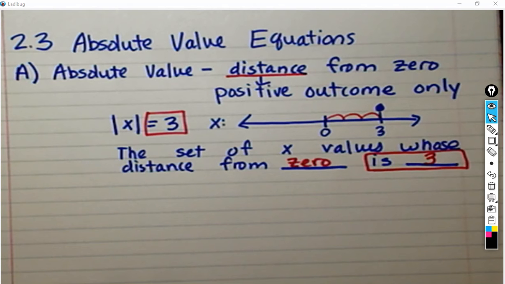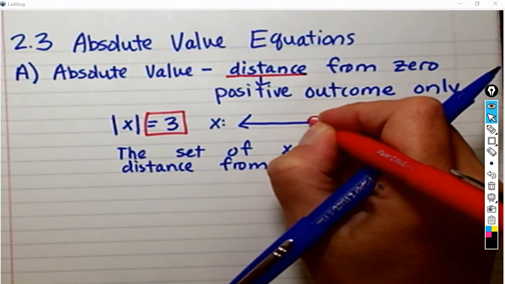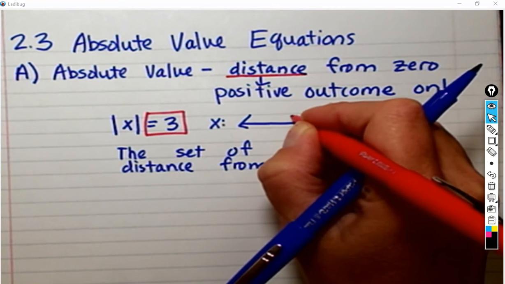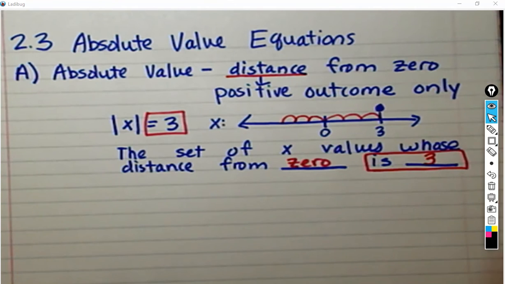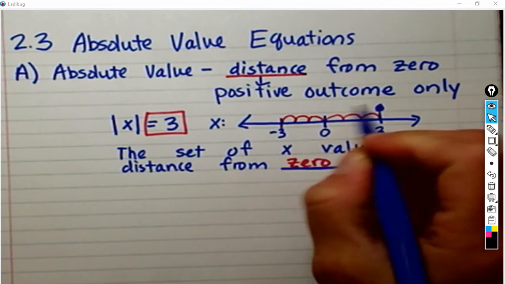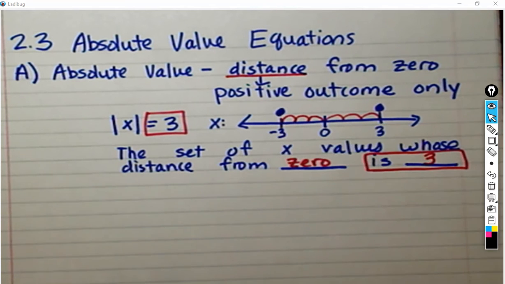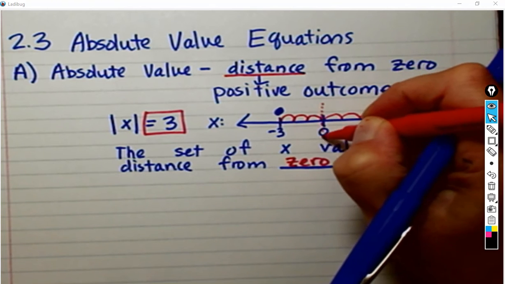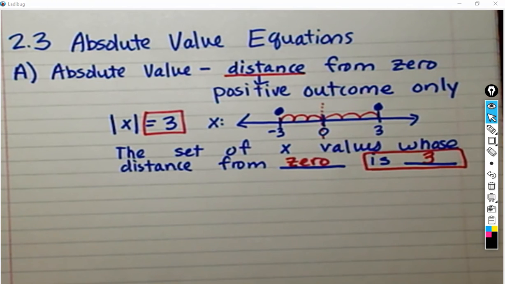Can anyone else tell me where to put any other dots? Wow, I see all these hands. Eve. -3, yes. 1, 2, 3. -3, because the distance is still 3. Notice it's actually the distance from what appears to be the center. 0 just happens to be in the middle right now.